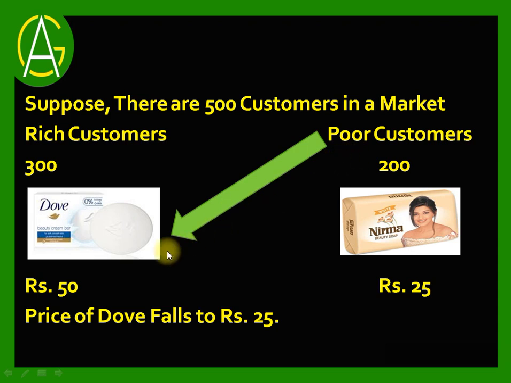They will start purchasing Dove soap, and as a result 200 more customers have arrived into the market of Dove soap. So new customers have arrived, and as a result the demand of Dove soap will increase, because until now these 200 customers were not in the market for Dove, but now they have entered into the market of Dove. So again the law of demand is applied. Price is reduced, the demand is increased.